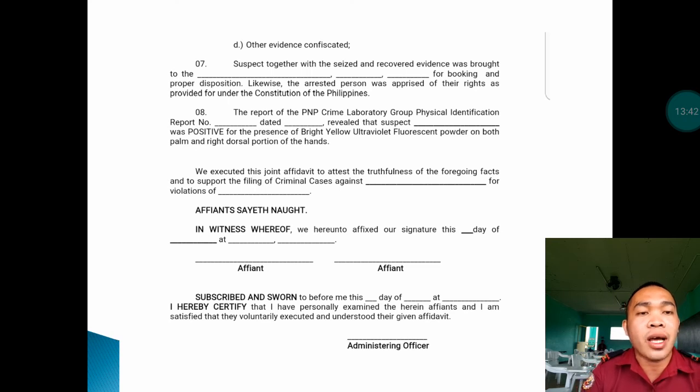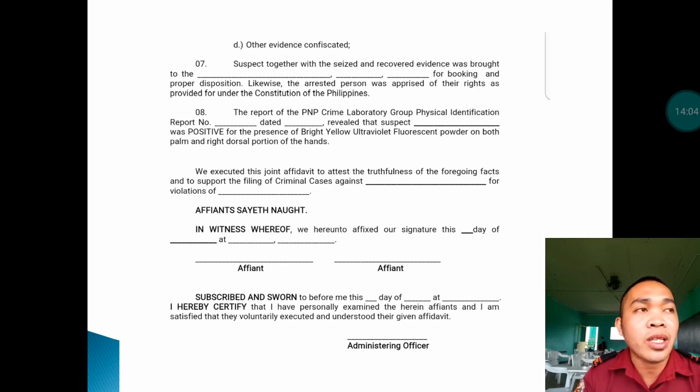So, affiants, in witness whereof, diyan mabutang ang signature sa affiants. In witness whereof, we hereunto affix our signatures this day of, place and time, date. So, mag-sign na ang mga affiants katong mga arresting officers.